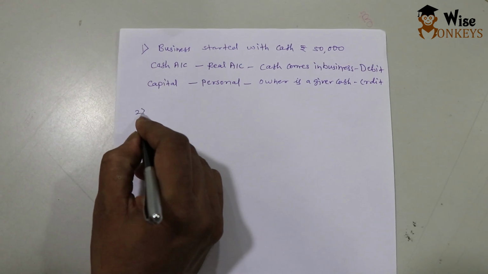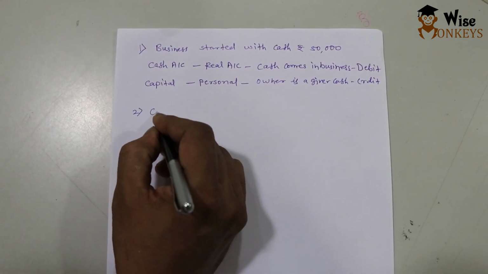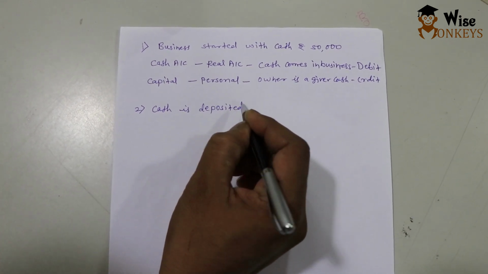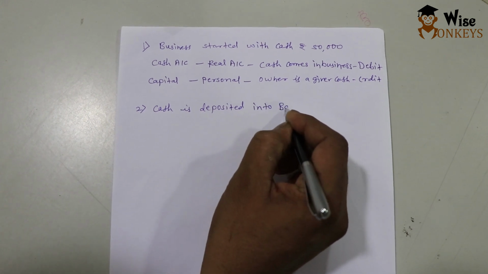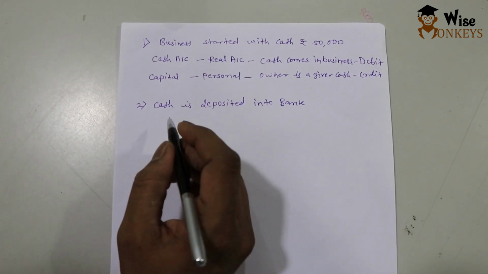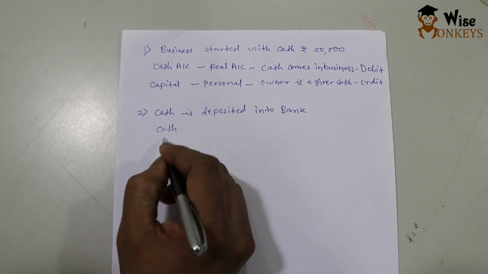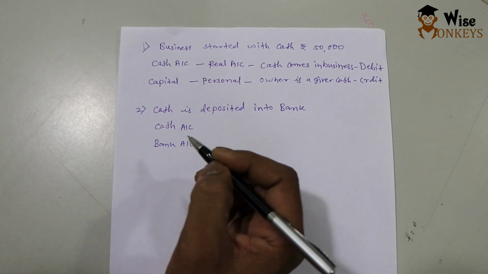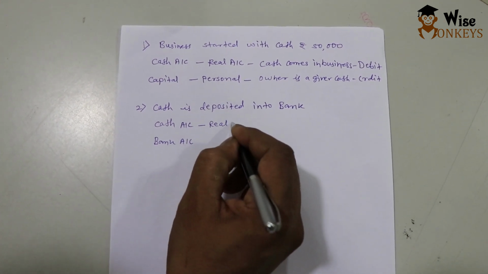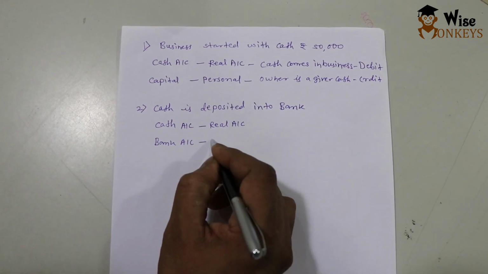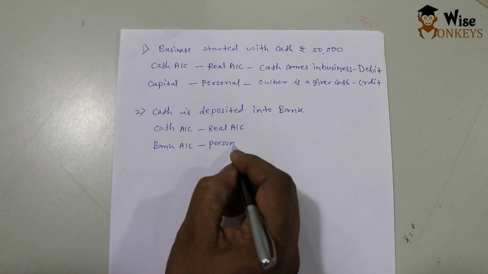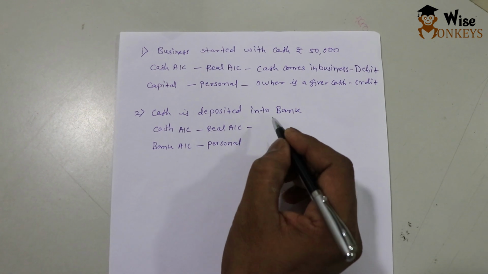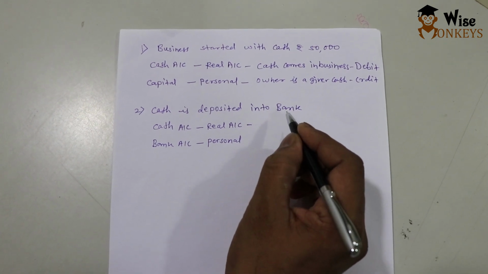Now we'll take the second example. Suppose cash is deposited into bank. What accounts are here? One is cash account, another is bank account. What are their types? Cash account is a real account. Bank account is a personal account. Real account rule says debit what comes in, credit what goes out.